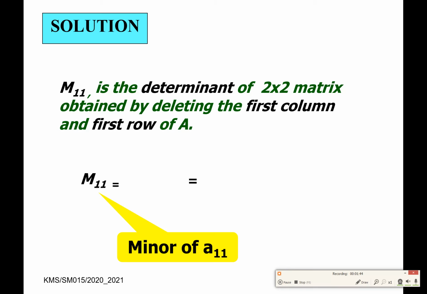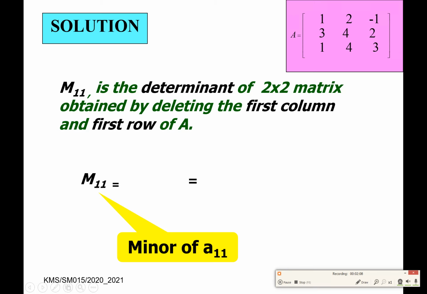Okay, M11. Where is M11? Check back at the matrix A that was given to you: 1, 2, negative 1; 3, 4, 2; 1, 4, 3. M11 means the determinant of the 2 by 2 matrix obtained by deleting the first row and the first column. So this is the first row, and this is your first column.